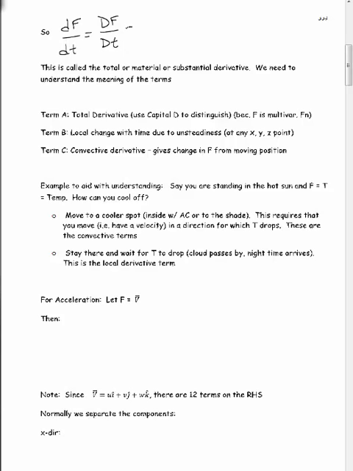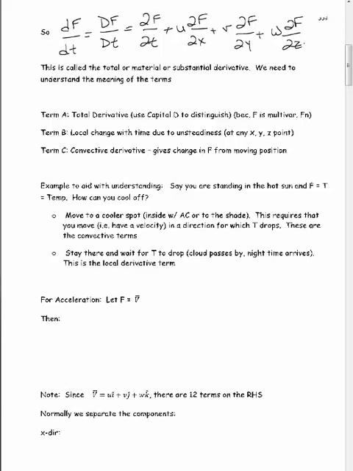So we use capitals for that, and then that's just going to equal ∂f/∂t plus u ∂f/∂x, all partials, plus v ∂f/∂y plus w ∂f/∂z. Okay, so that's a total or material or substantial derivative, the one with the big D's there that we usually use capital D to distinguish.